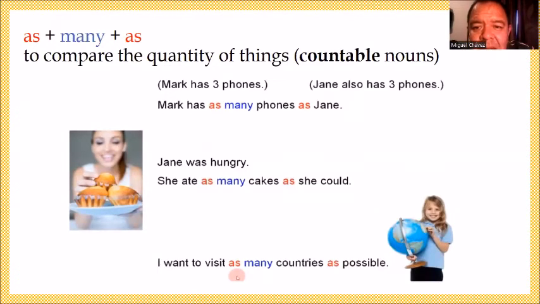Jane also has 3 phones. They have the same quantity of phones. That's why Mark has as many phones as Jane. Jane was hungry. She ate as many cakes as she could. I want to visit as many countries as possible.